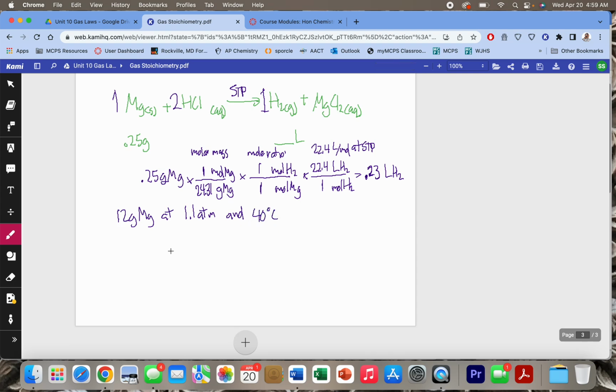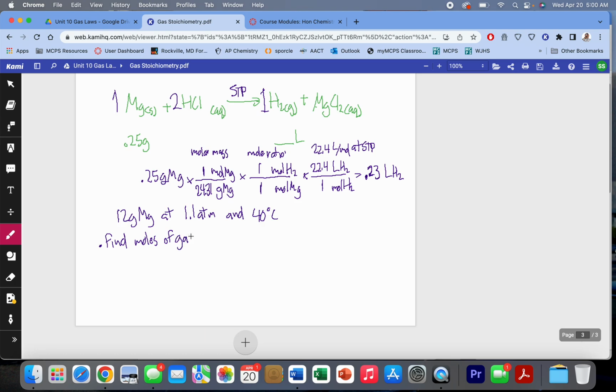Then what would we do? Well, we do the same basic thing, except that we wouldn't be able to use 22.4 at the end. So what we do is the first step is simply find moles of gas.